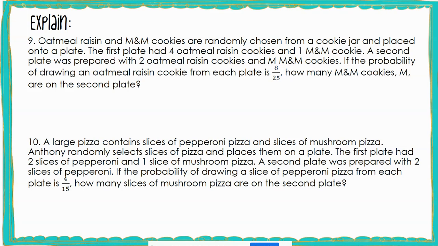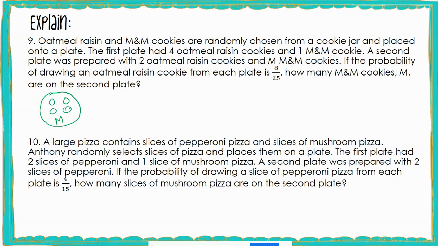on the second plate? Now, at first, this looks a little bit confusing. But if you pay close attention to this problem, it's actually not as difficult as it sounds. So let's think about this. We have a first plate, and on that plate, we have 4 oatmeal raisin cookies, but then we also have 1 M&M cookie.